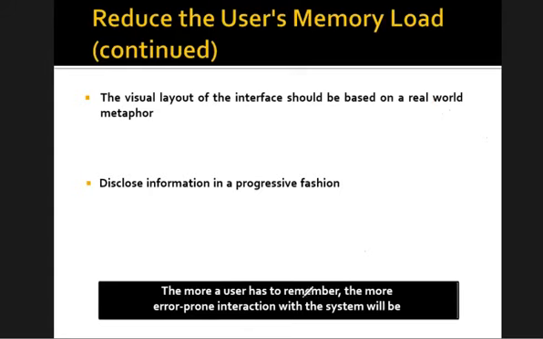The more a user has to remember, the more error prone interactions with the system will be. That is, if there is more load upon the user's memory, he needs to remember every action, every shortcut.